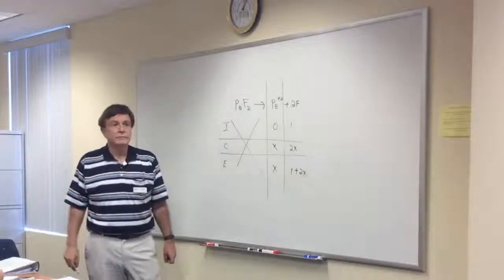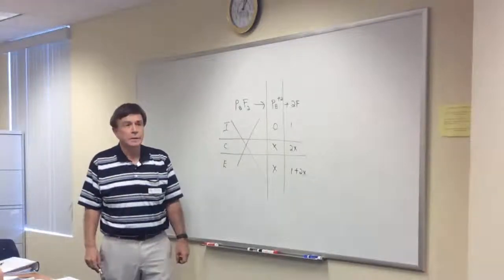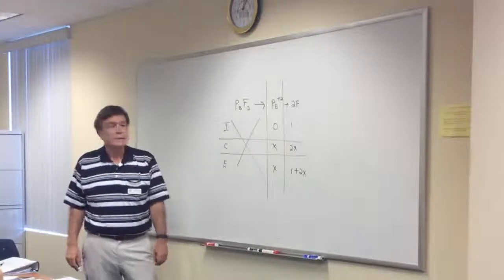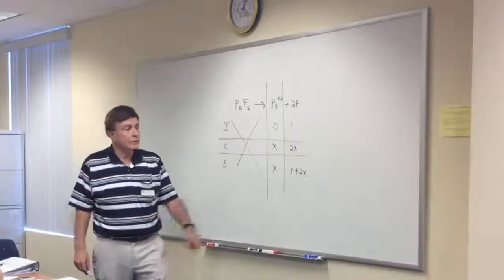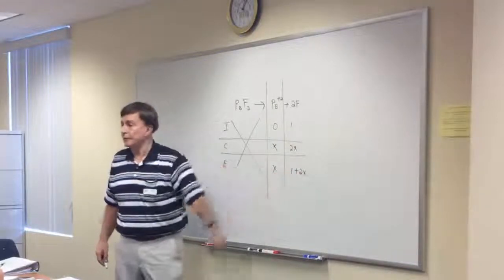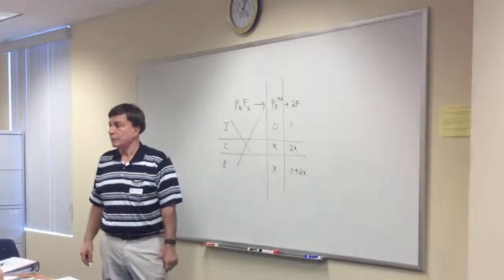Dr. Eads is going to tell you that she's not going to worry about the 2x, because it is so small in comparison to 0.1 that when you do your Ksp, you don't have to worry about it.